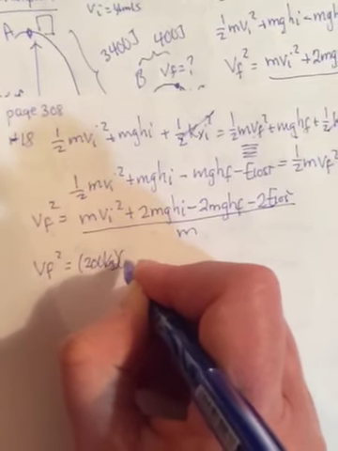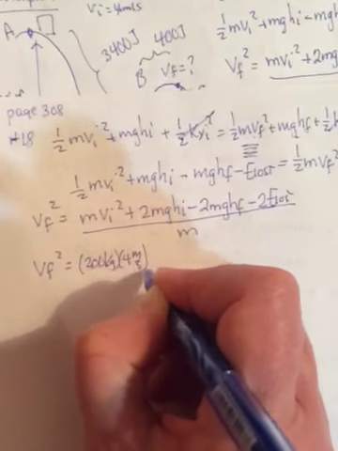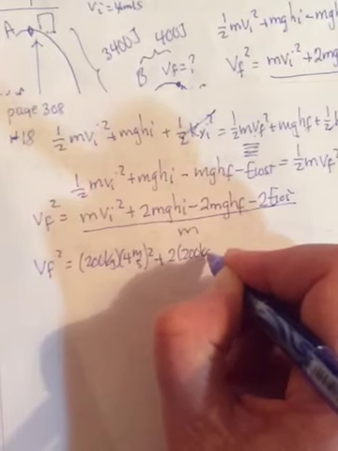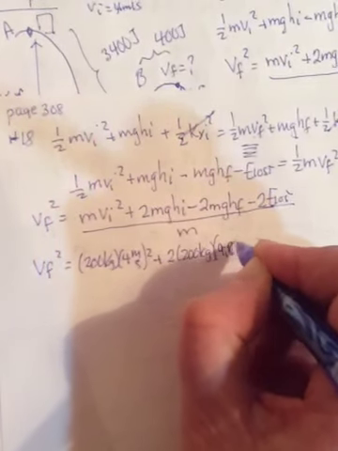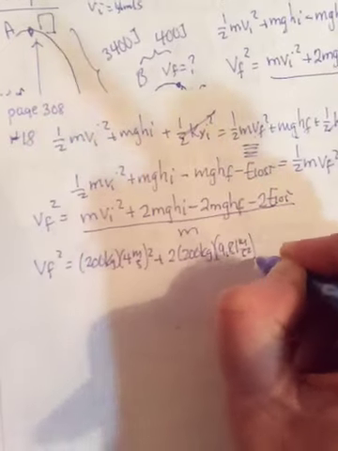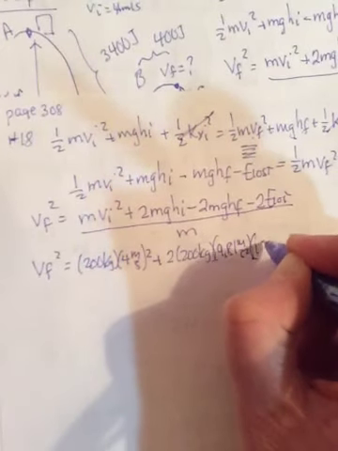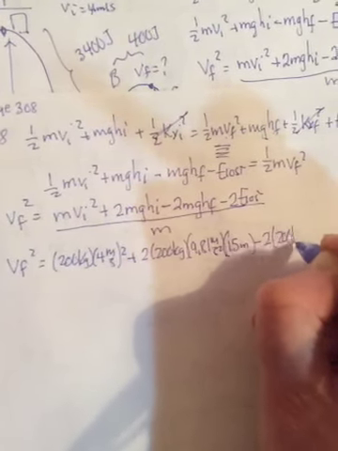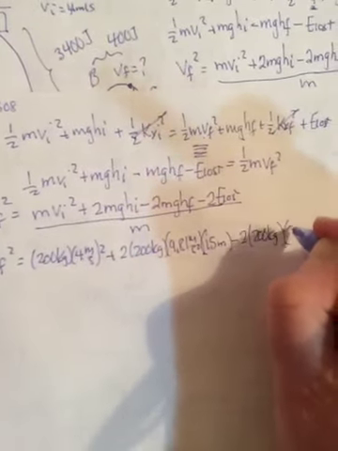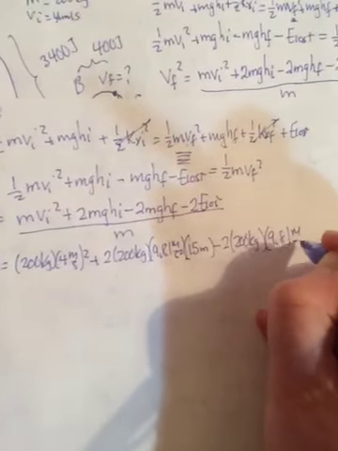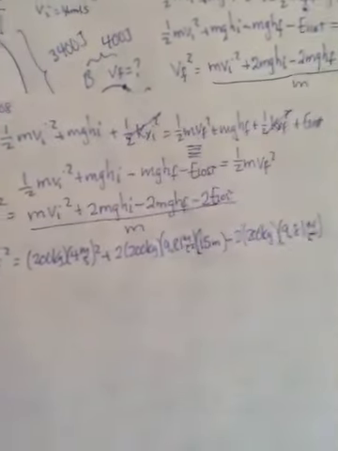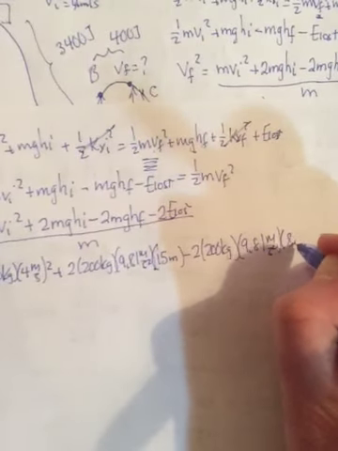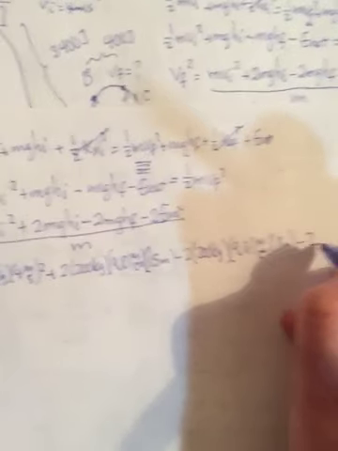The speed up there was 4 meters per second, squared, plus 2 times 200 kilograms, 9.81 meters per second squared, and the height there is 15 meters, minus 2 times 200 kilograms, 9.81 meters per second squared, and the height at point C is 8 meters, minus 2 times the E lost.